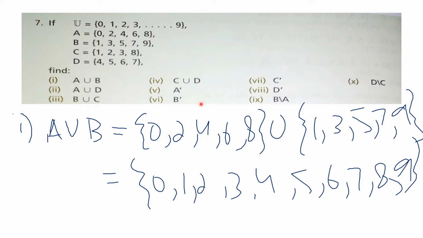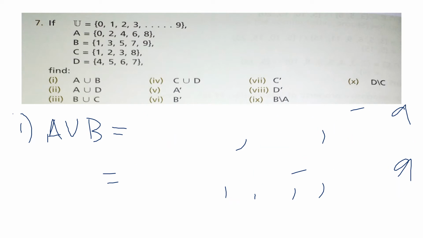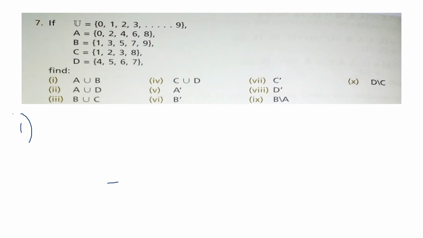Now I'm going to do these 3 parts. Let's do part number 7, which is C complement, where you have to take the difference of C from the universal set because you have to find the complement. So the 7th part is C complement.